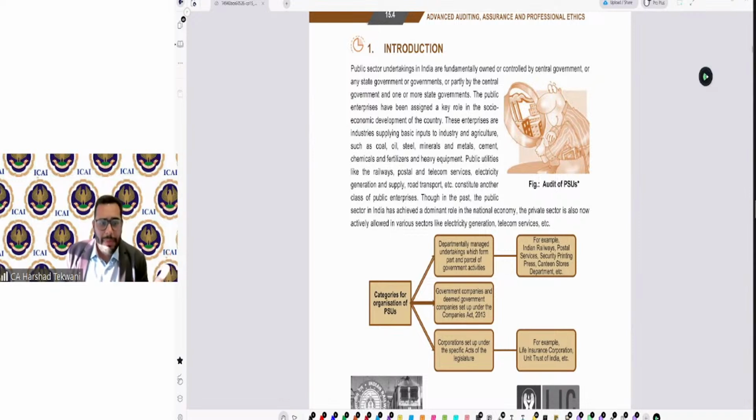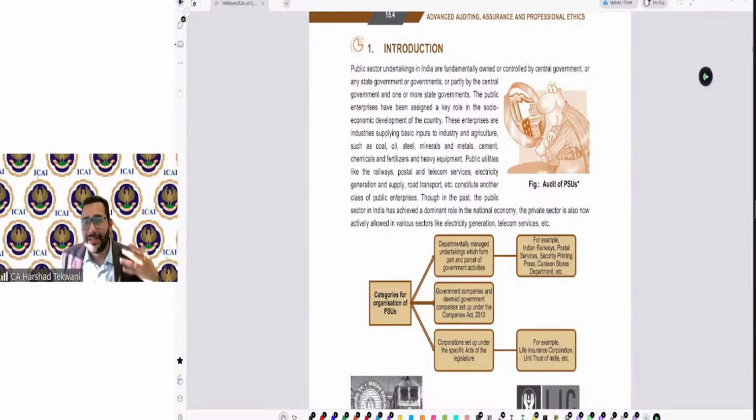There could be departments managed by the governments, like railways, telecommunication, road transport, and postal. These are departments, and they fall under the category of public sector undertakings. Again, there are stakeholders looking at that. There are also companies set up under the Companies Act, which are part of the public sector undertakings as a whole.